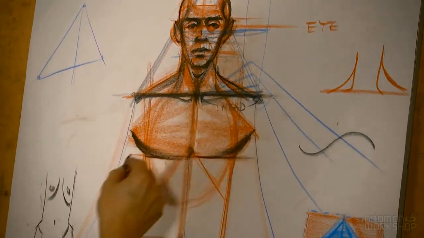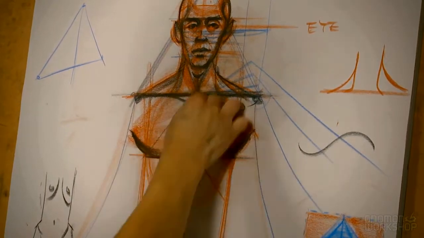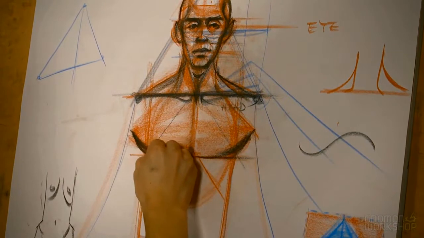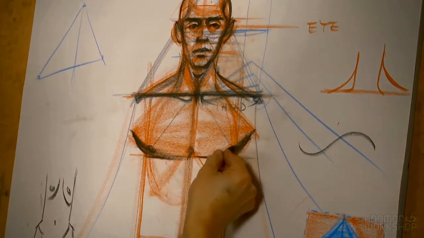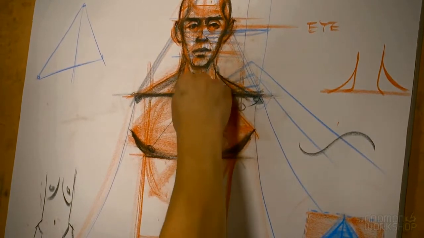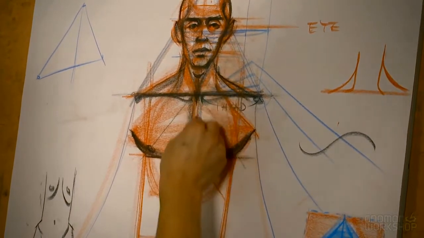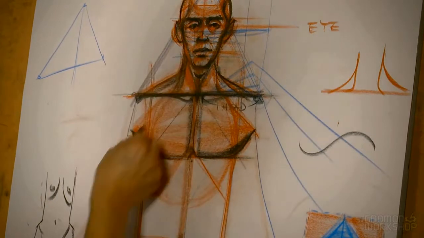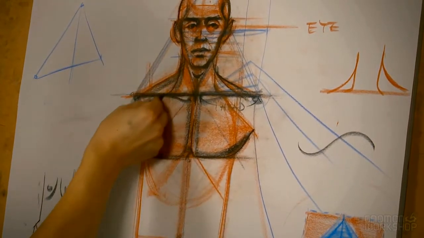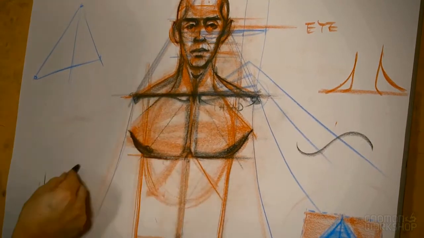Again, I use the triangle to find the width of the placement of the nipple. And you see how the neckline is going to flow right into where the pectoral, the chest muscle, ends, like this.